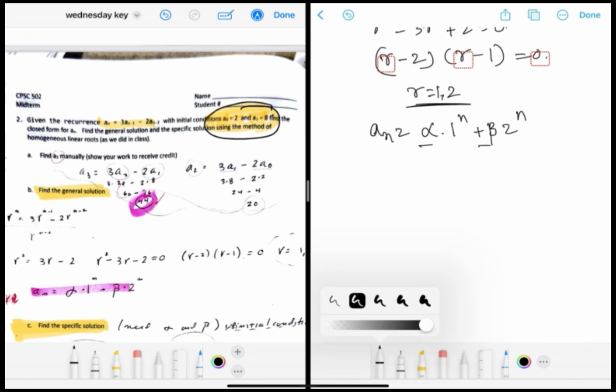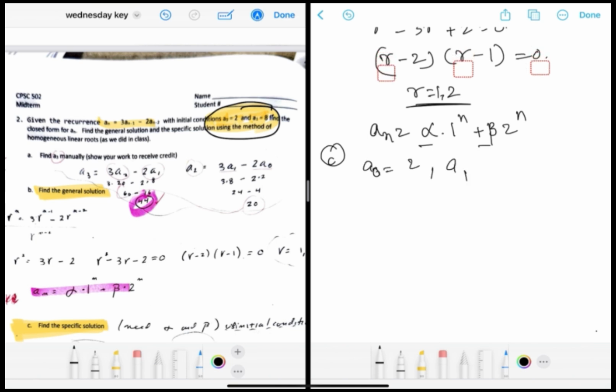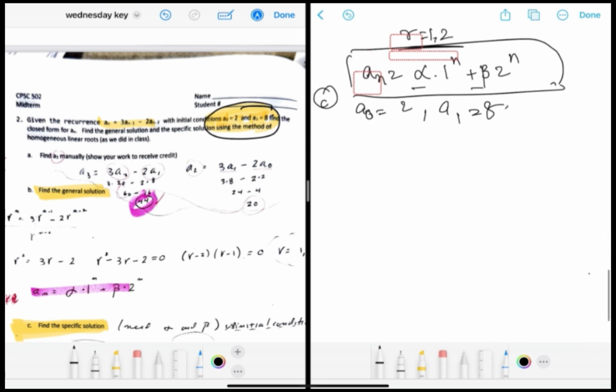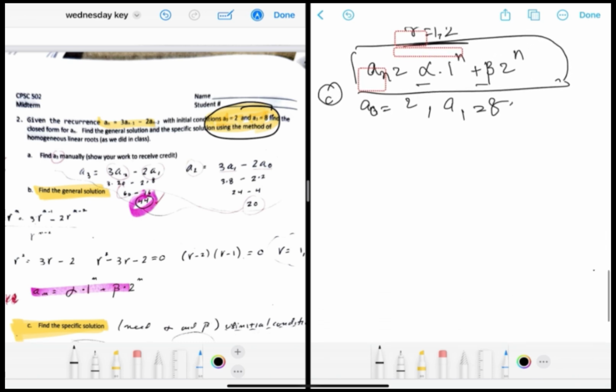So let's just write those here. a_0 is equal to 2 and a_1 is equal to 8. So we already have this equation. Let's just put our values a_0 and a_1 in a_n and we'll be able to find alpha and beta, because we'll be having two equations and two variables. We can find the solutions from there.